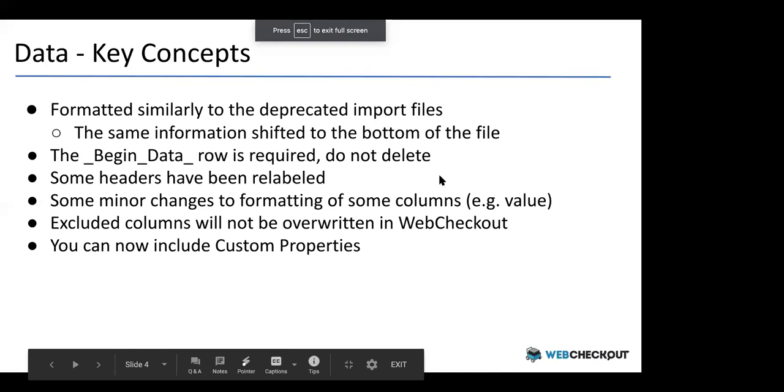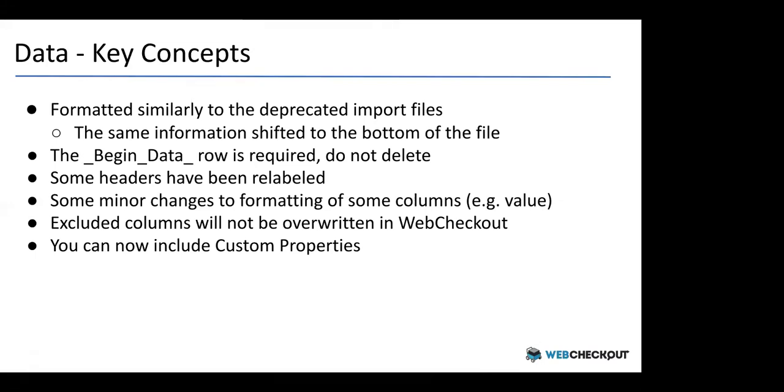So overall, some key concepts to remember about the data section is that it is very similar to the deprecated import files. So this is where your data goes. The begin data row is required, so please do not delete this. A few headers have been renamed, but most remain the same. There are some minor changes to formatting, such as in the value columns. Excluded columns will no longer be overwritten when importing data.